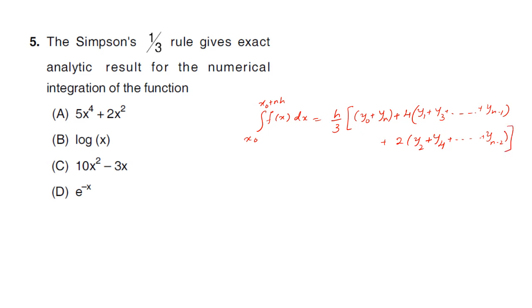The derivation of Simpson's one-third rule gives an exact result for quadratic functions. Therefore we can say that for 10x square minus 3x it will give an exact analytical result. Option C is correct.